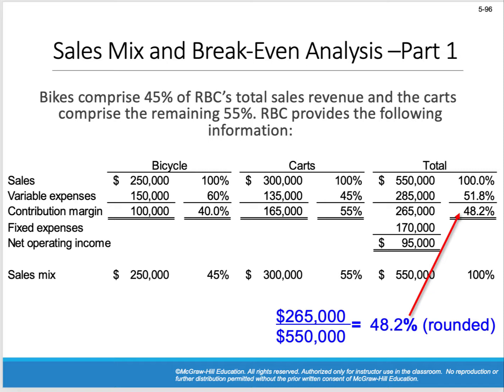So based on the total of that basket of bikes and carts that are sold, we take the total contribution margin and divide it by the total sales. We get 48.2%. Okay, so we're still using the same concepts. We're taking that concept and applying it to 2 products, and then adding up the totals.